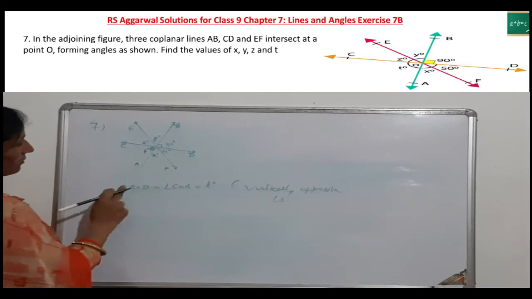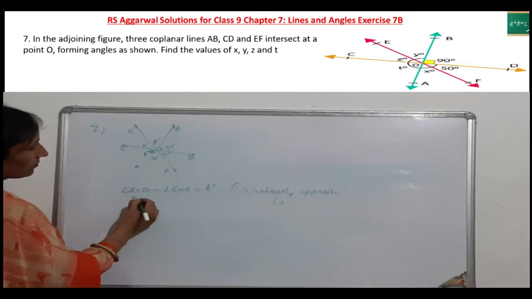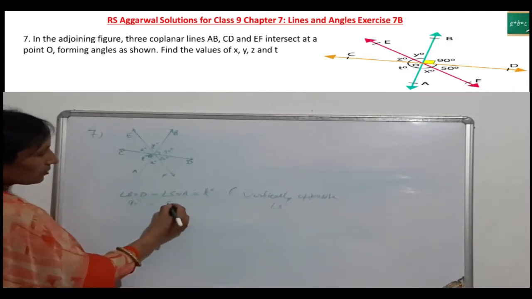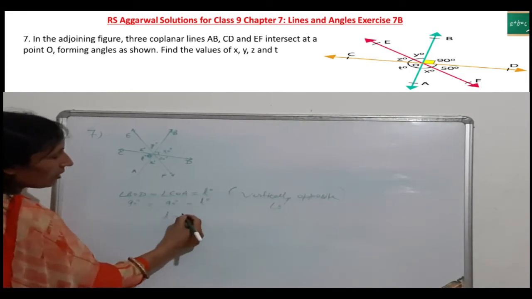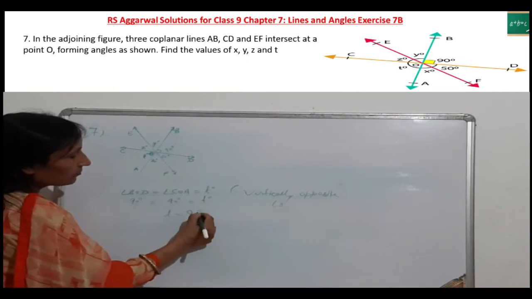What is the value of angle BOD? 90 degrees. So COA will also be 90 degrees, which is equal to t degrees. Means the value of t will be 90 degrees.